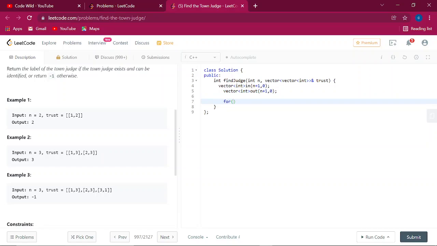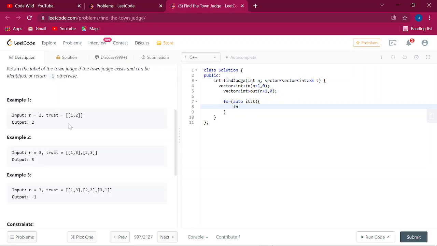And let's use what is basically a modern way of using a for loop. Let's take it as t for simplicity. For the in degree, what will it be in this case?